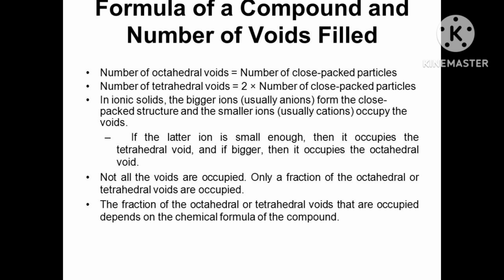Therefore, the formula of the compound is XY, because both numbers are the same. That's why with a 1:1 ratio the formula will be XY. Okay. Now, I will tell you the second example.